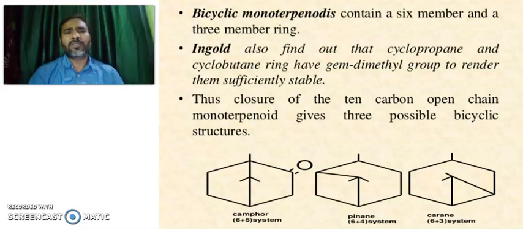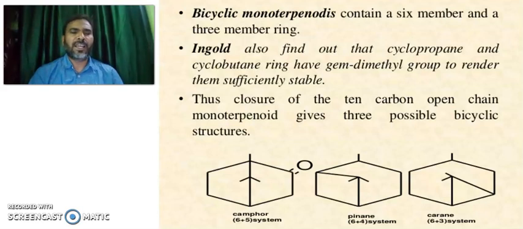Ingold also found that cyclopropane and cyclobutane rings have gem dimethyl groups to render themselves sufficiently stable. Thus, closure of the 10-carbon open chain monoterpenoids gives 3 possible bicyclic structures.